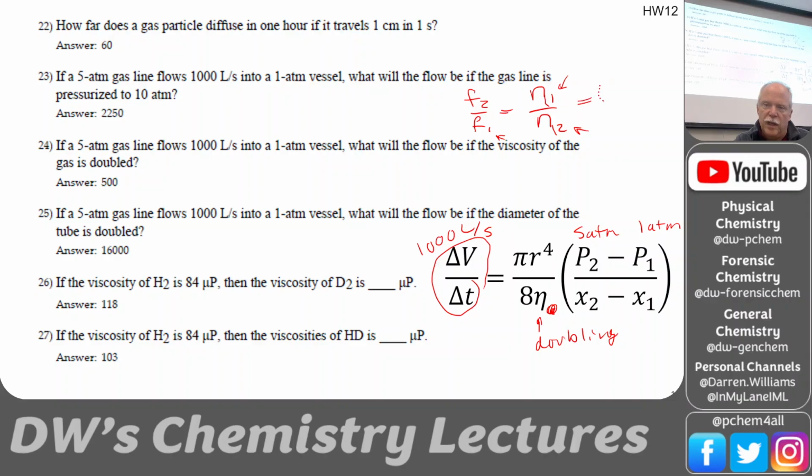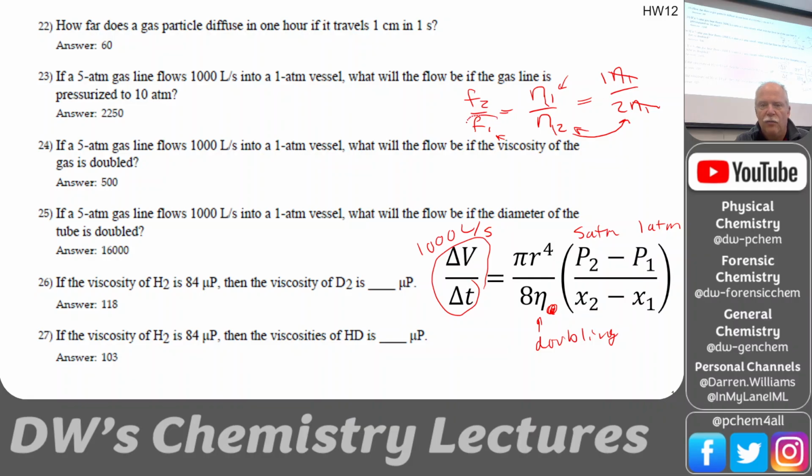And so once again, we're saying that eta 2 is double eta 1. So when we say it's doubled, we can just put a 2 there. And what you end up with is a cancellation of eta 1. So you don't even need to know what it is.